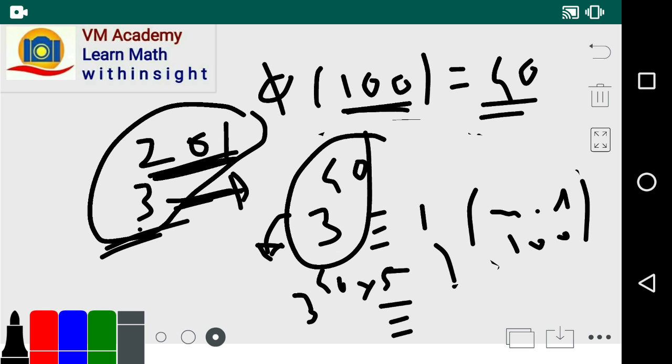Now we also raise the fifth power of this 1. So mod 100, 3 raised to 200 divided by 100 gives remainder 1, and that means it ends with 0 1, friends.